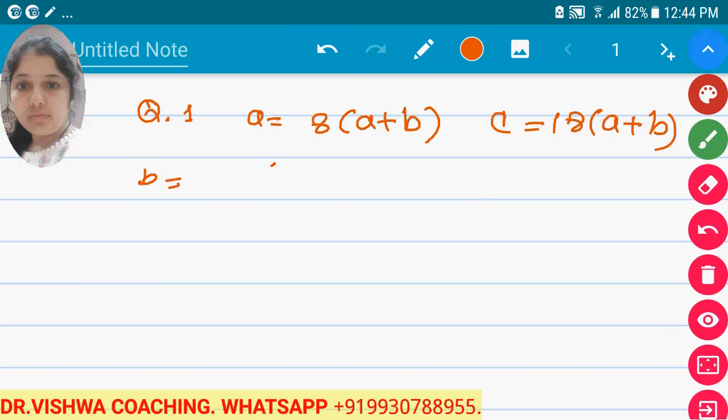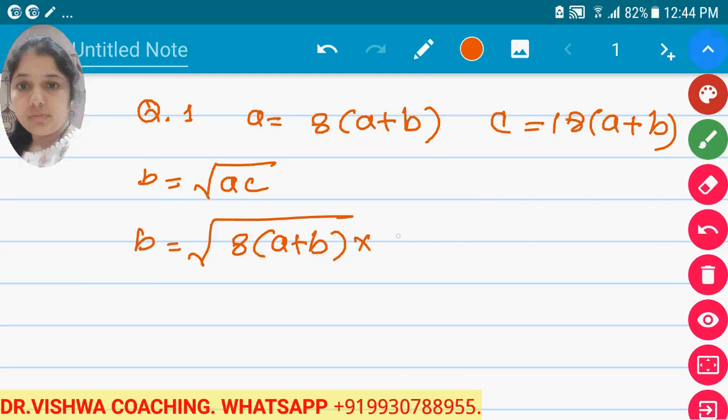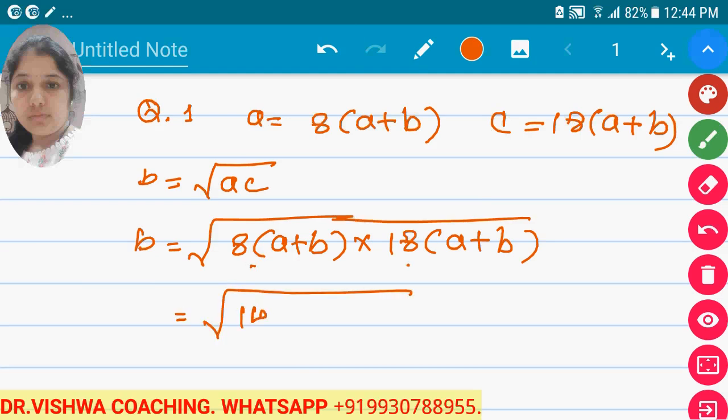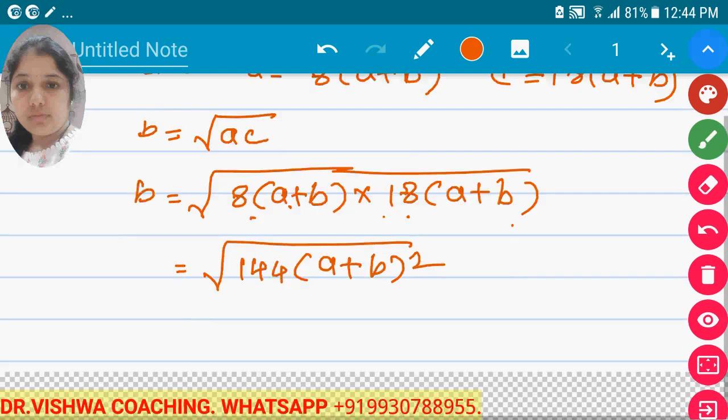Now we know B is equal to under root AC. Now put the values. B is equal to the under root of 8 into (a plus b) multiplied by 18 into (a plus b). Now 18 multiplied by 8 gives us 144, and (a plus b) times (a plus b) becomes (a plus b) whole square. Why did I take everything under the root?